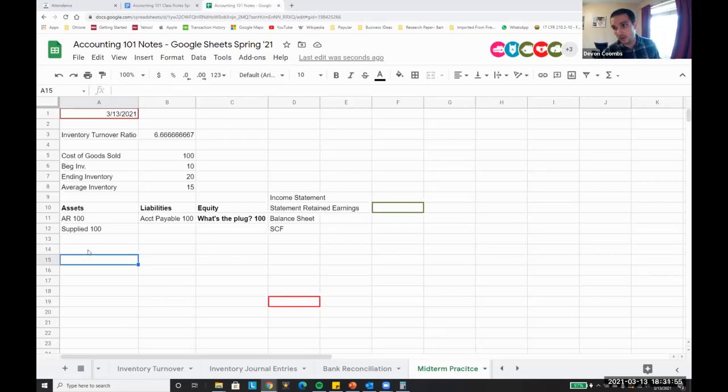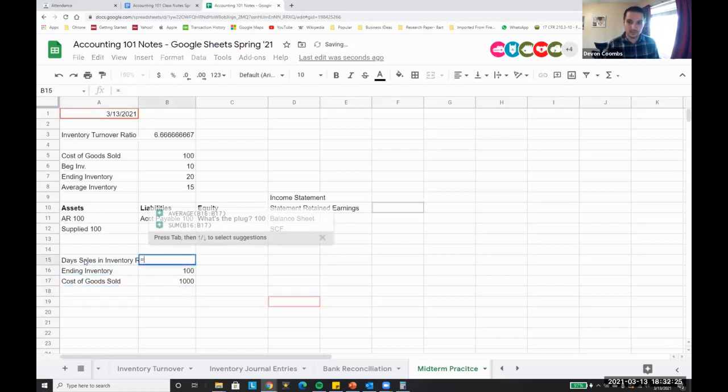Next is, what is your days sales and inventory ratio? I might also ask you, how are these used? Like, what are they used for? We need to know our ending inventory, cost of goods sold. Ending inventory might be 100, cost of goods sold might be 1,000.